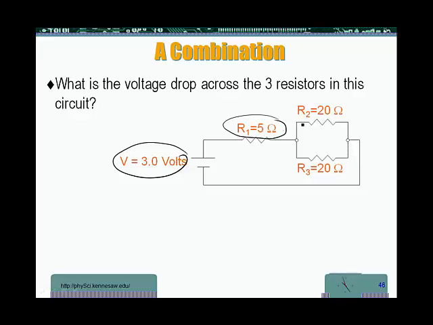If you look here, both ends of R2 are in contact with both ends of R3.